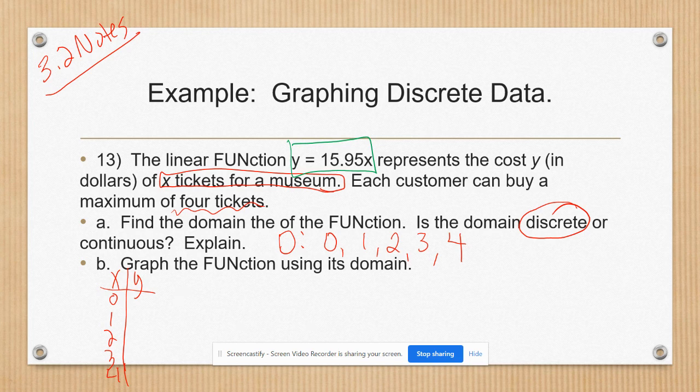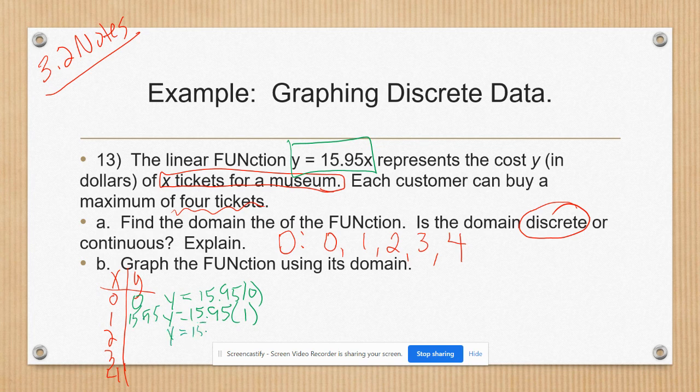So if we had 0 tickets, then we would have $15.95 times 0, which is 0. If we bought 1 ticket, then we'd have $15.95 times 1, which is $15.95.